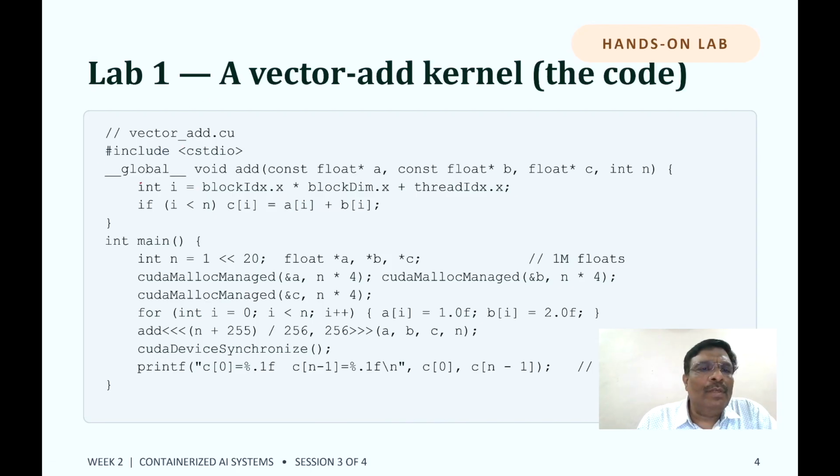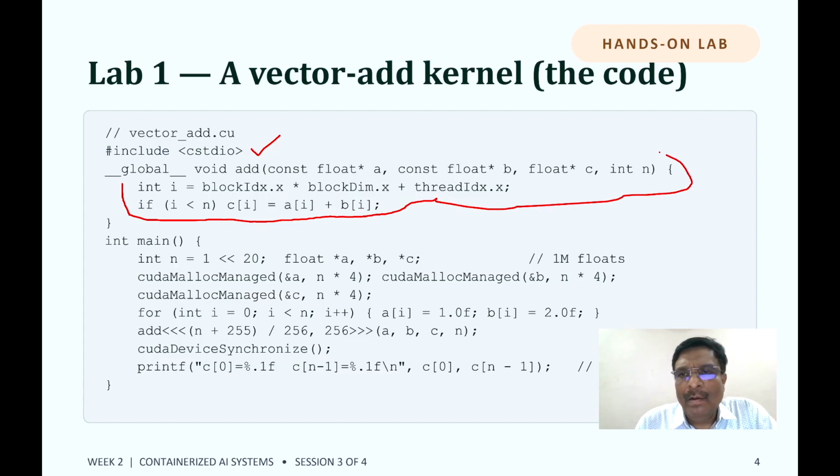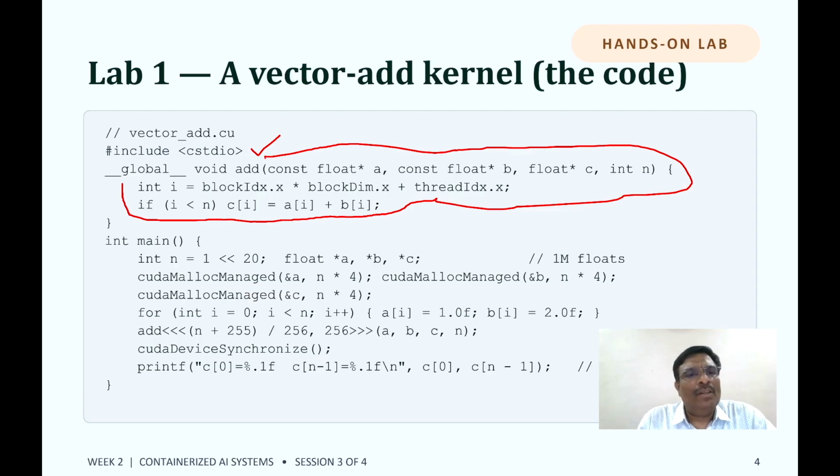We include the header, then this is a __global__ function, __global__ void add, which takes A, B, and C vectors. The basic idea here is C[i] is equal to A[i] plus B[i]. That's how a vector addition is.